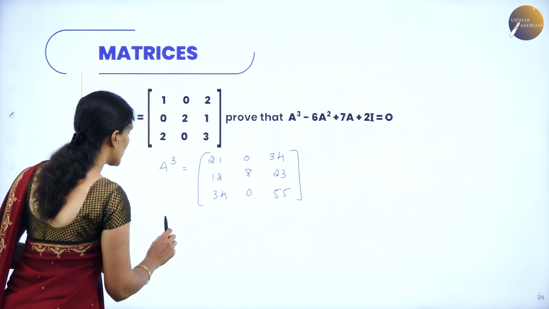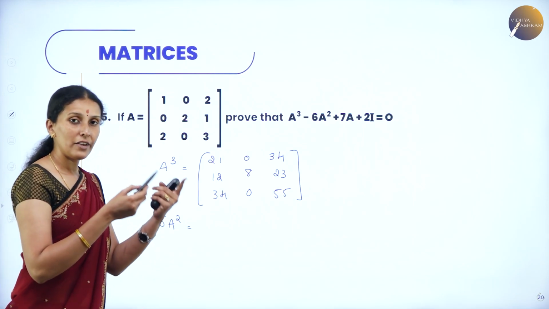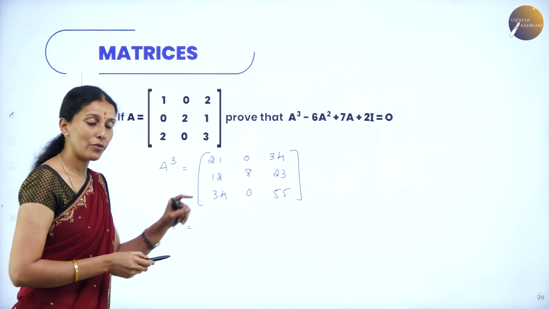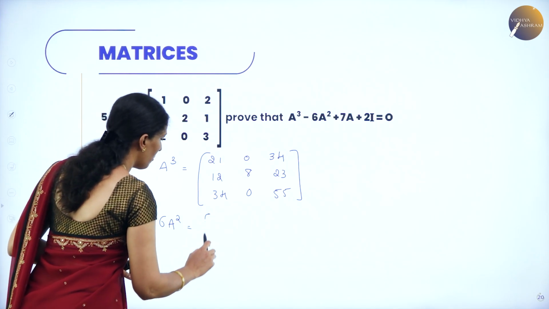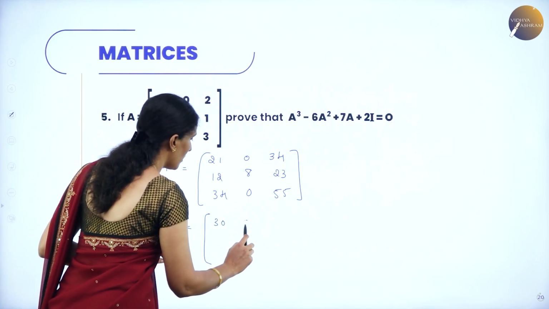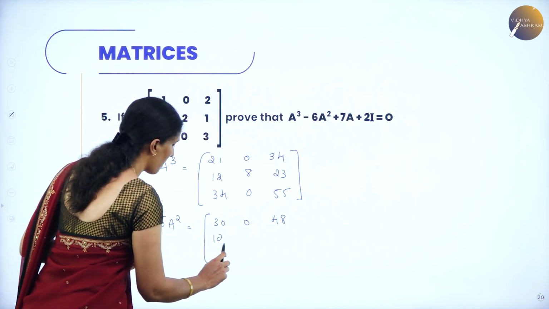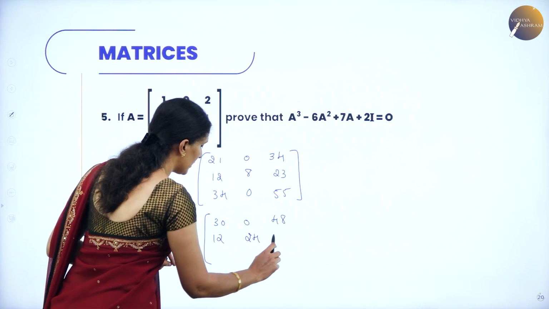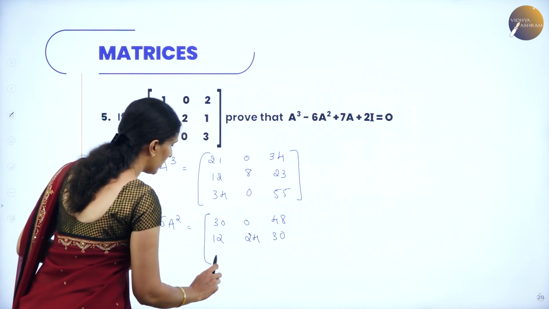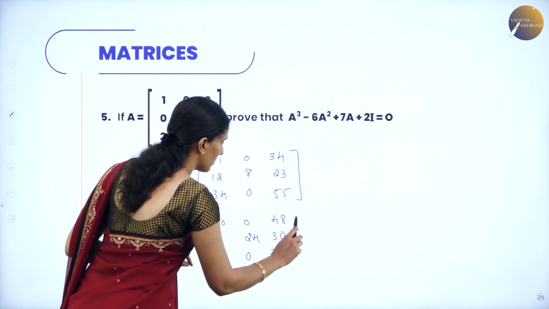Next we need to find 6A square. We have already found A square, so just multiply it by 6. When you multiply by 6, the new matrix will be 30, 0, 48. The second row is 12, 24 and 30, and the third row is 48, 0, 78.